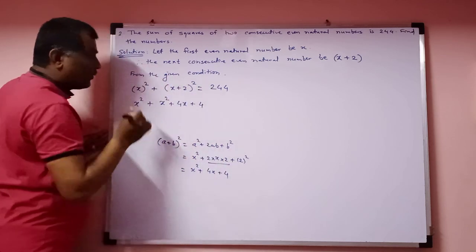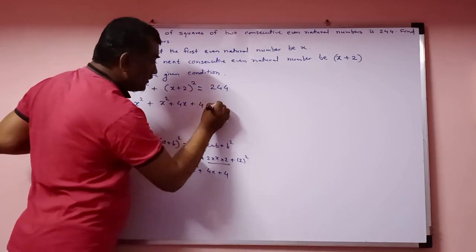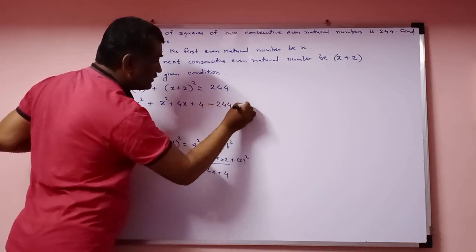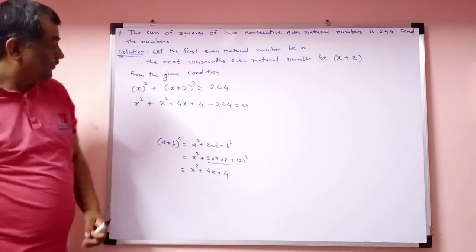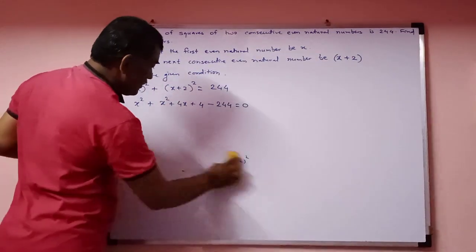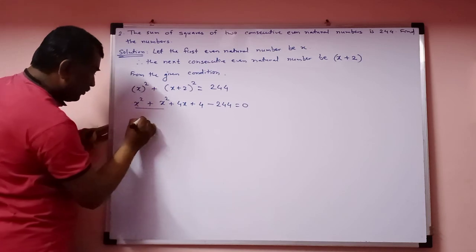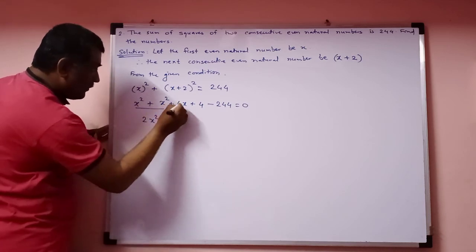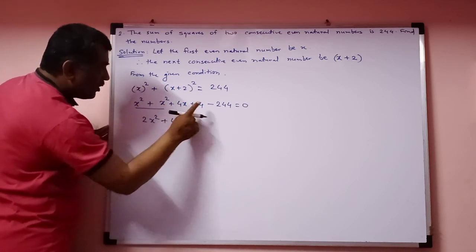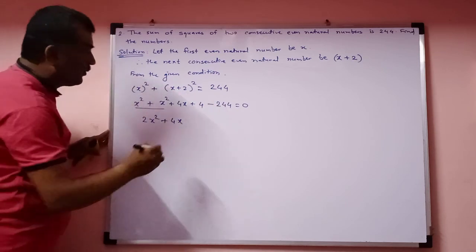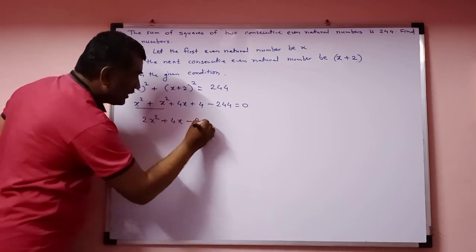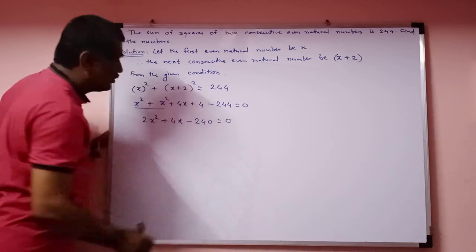Plus 244 on the left hand side, minus 244 is equal to 0. x square plus x square is 2x square plus 4x plus 4 minus 244 is minus 240 is equal to 0.